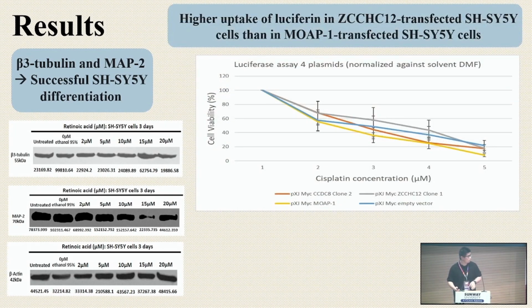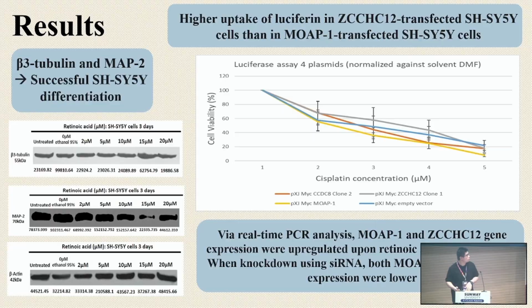And then, as mentioned before, in the luciferase reporter gene assay, the gray line is above the blue line, above the empty vector, which shows it is pro-survival for ZCCHC12. And then we have a control, and also the MOP1. MOP1, as its name suggests, is modulator of apoptosis 1, is one of the genes, and it is shown to be pro-apoptotic.